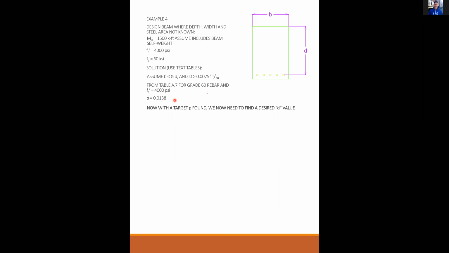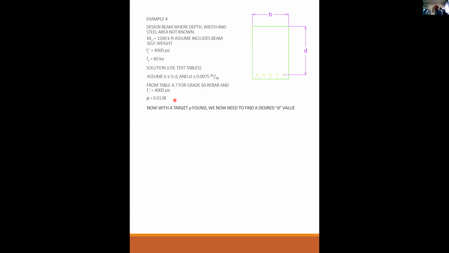I mean, if we have 3 unknowns, depth, width, and steel area, do we always assume those assumptions? The answer is no. You could have an assumption of B should be 3/4 D and epsilon T should be 0.005.